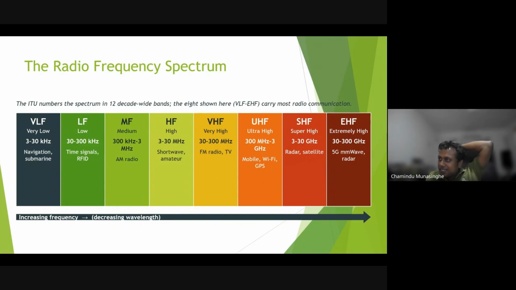These are used mainly when we communicate with submarines, because high frequency radio waves don't go through water easily. Because of that, when we communicate with submarines, we use these VLF signals.